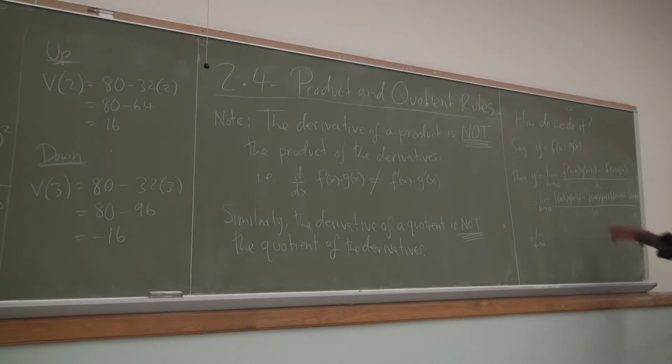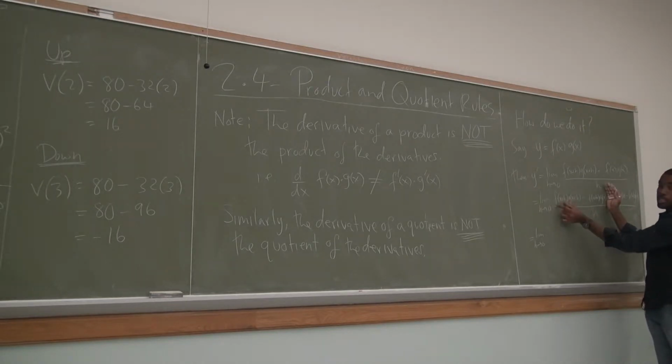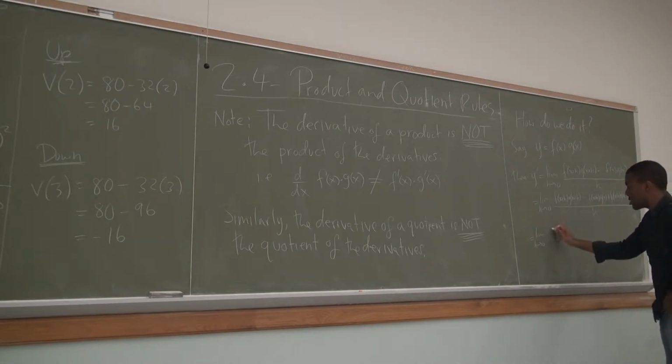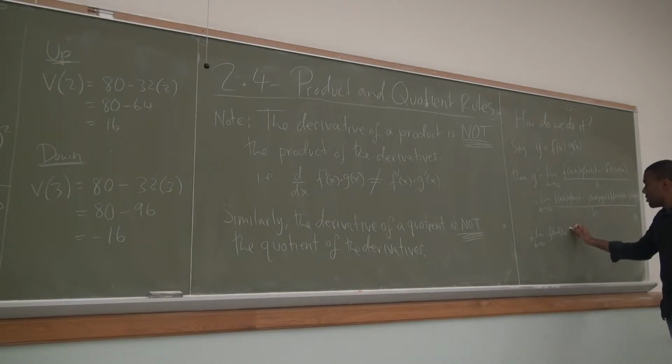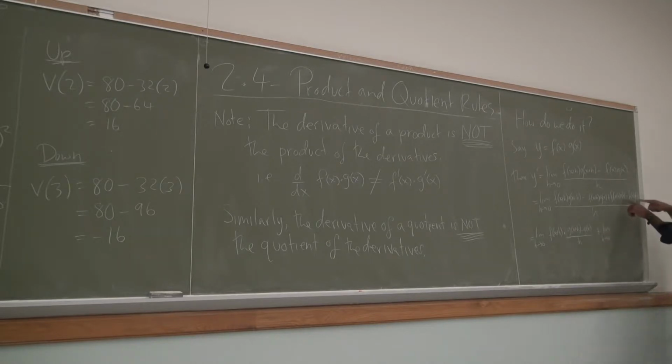Now you'll notice that in the first pair, f of x plus h is a common term, so I can actually factor that out. And I do that with g of x plus h minus g of x over h. Plus, the limit distributes across the sum. In this one, g of x is the common term, so I can factor that one out.